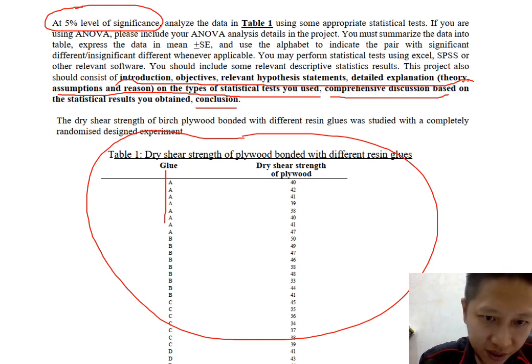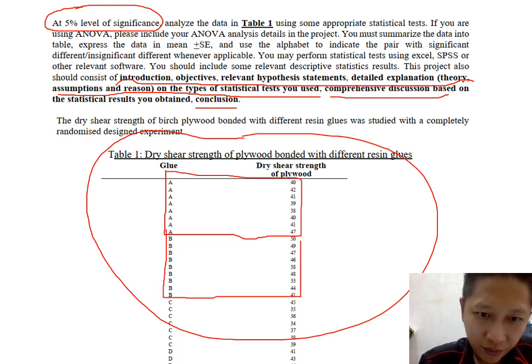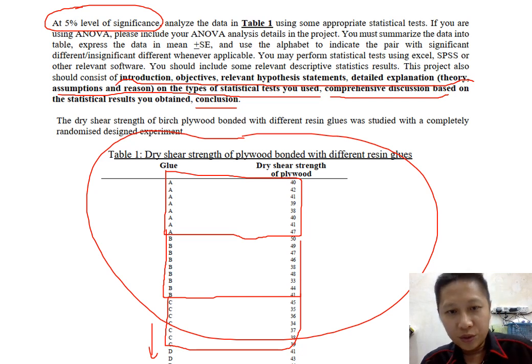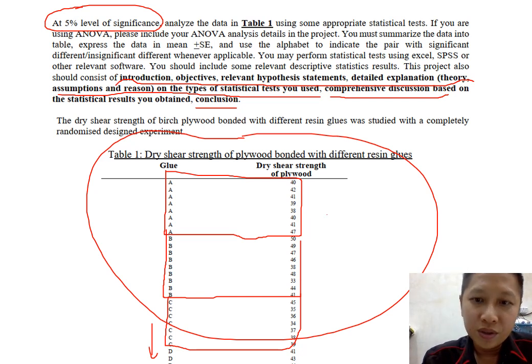Okay, this is glue type A. Then we have glue type B. We have glue type C, and so on. We have more than 2 groups, 3 or above. That's why we use one-way ANOVA.